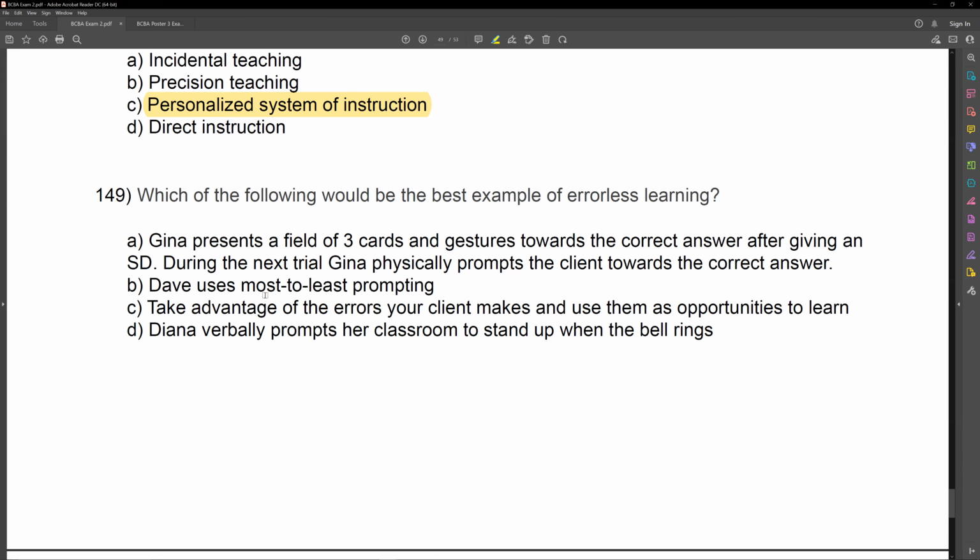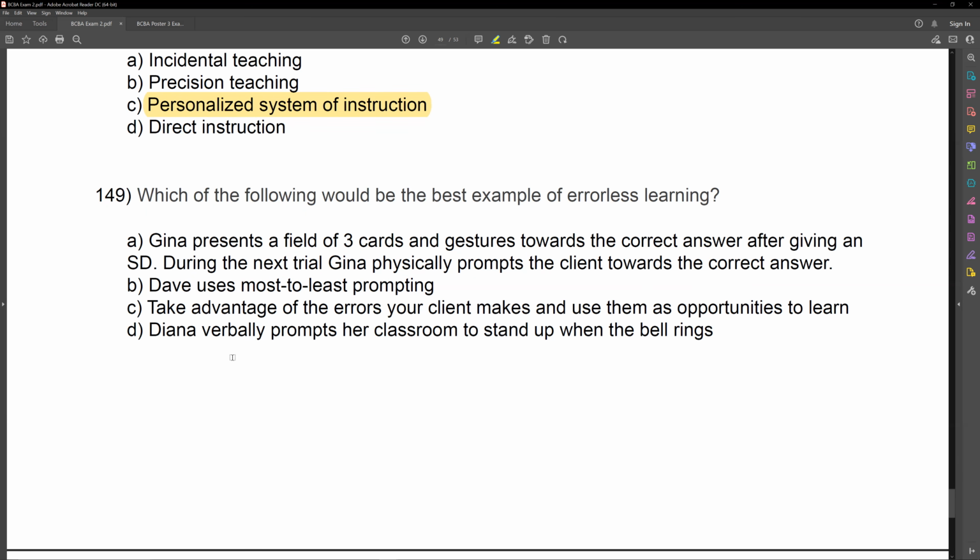B, Dave uses most to least prompting. So if I'm using the most prompting required to get the right behavior, yes, I am using errorless. I might need to full physically prompt this client to prevent errors. But if that's what it takes to do errorless learning, that's what I'm going to do. B looks pretty good. C, take advantage of the errors your client makes and uses them as opportunities to learn. Well, no, we don't want them to make errors, right?